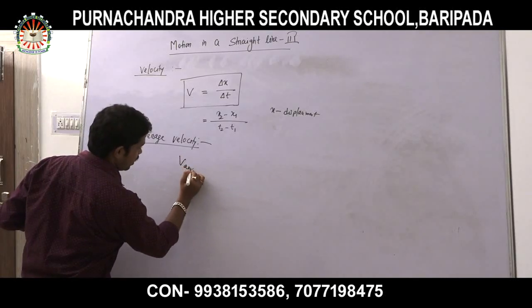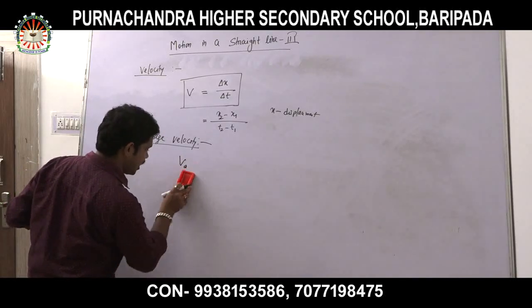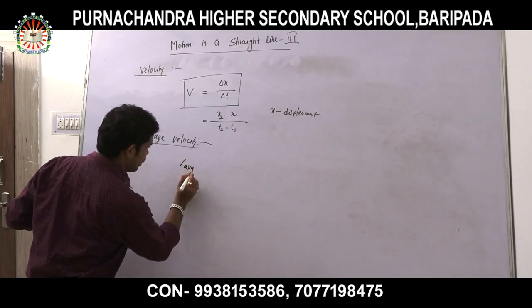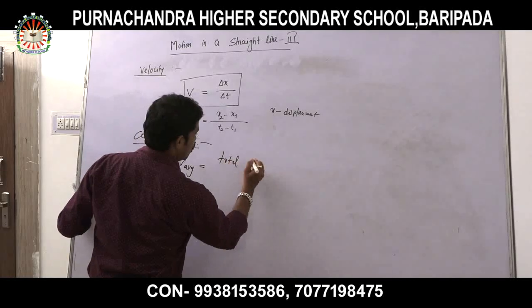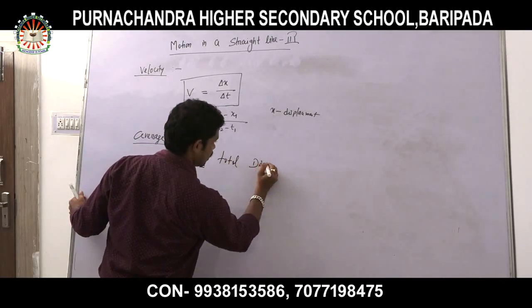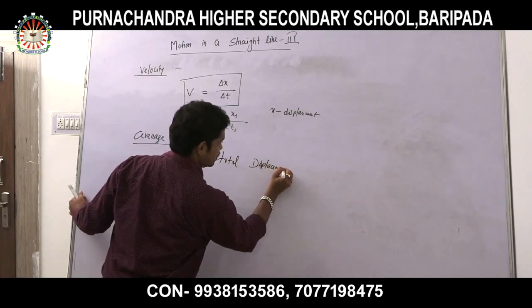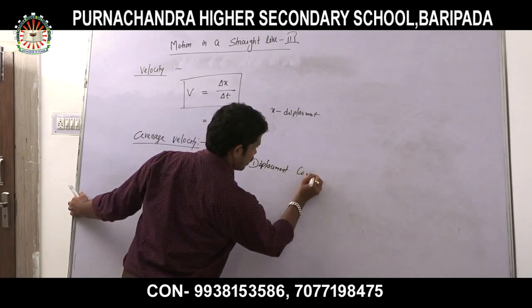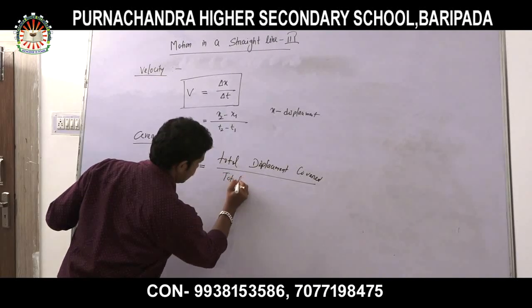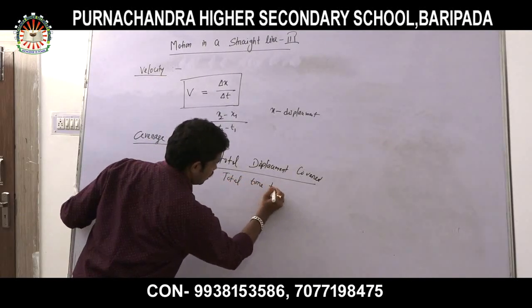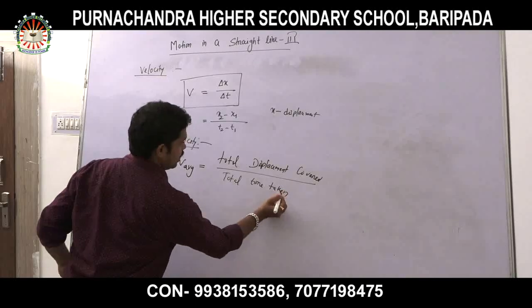So, v average, I can write: average velocity is equal to total displacement covered divided by total time taken.